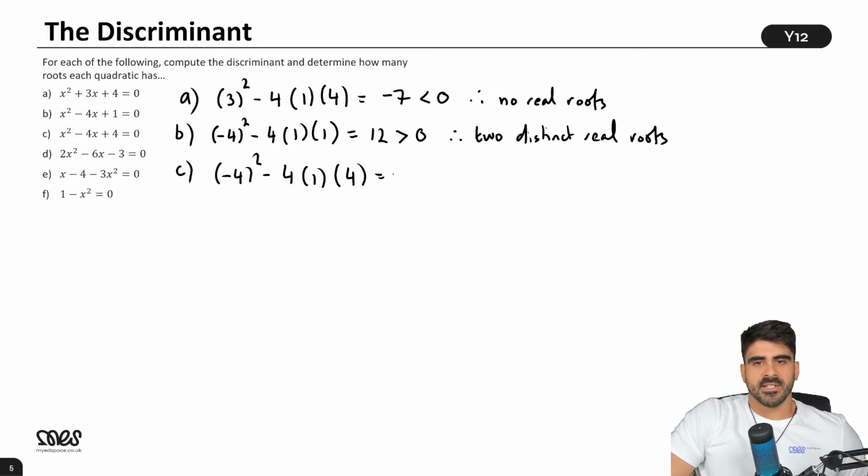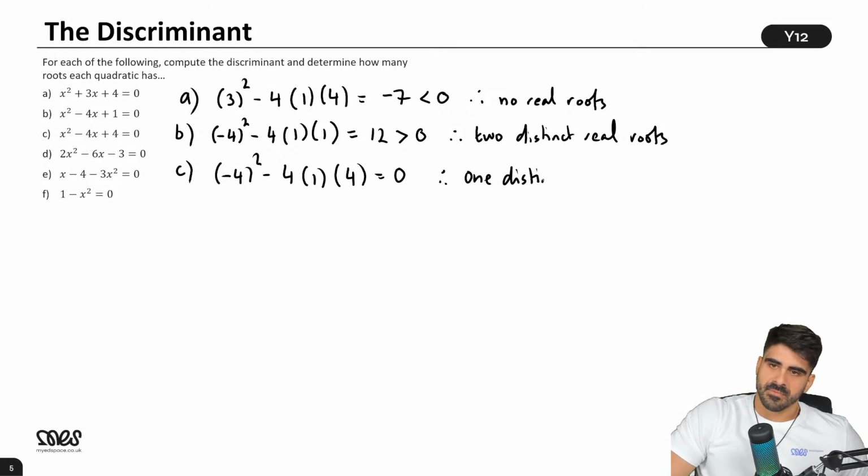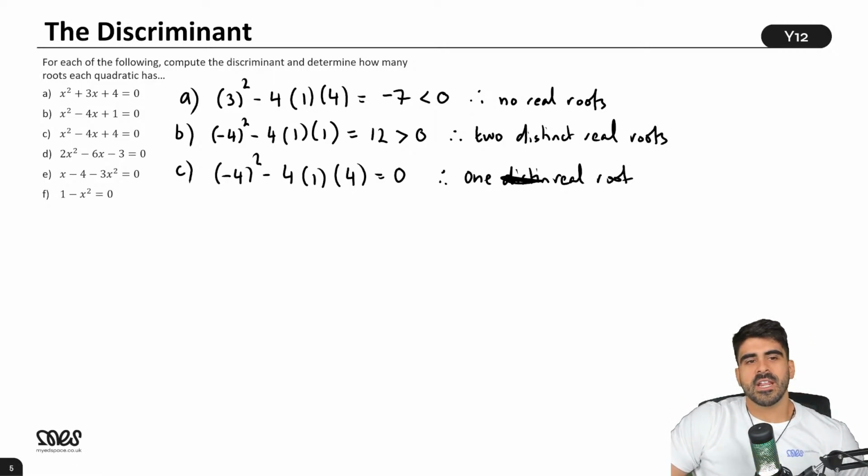That becomes 16 minus 16, yeah, 0. So you don't need to say anything there apart from, therefore, 1 distinct. I mean, you don't even need to say distinct, just 1 real root. That's fine. Because if there's one thing, how can it be distinct, right? It's just one thing. So really, it's only with 2 that we need to say distinct. All right, now, part D.